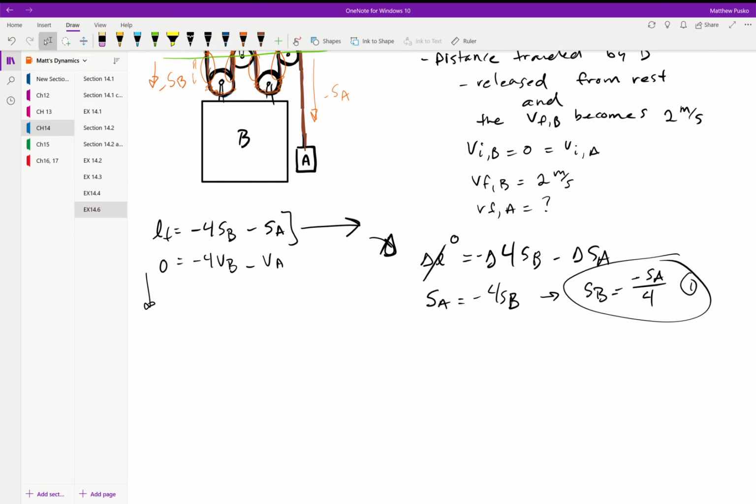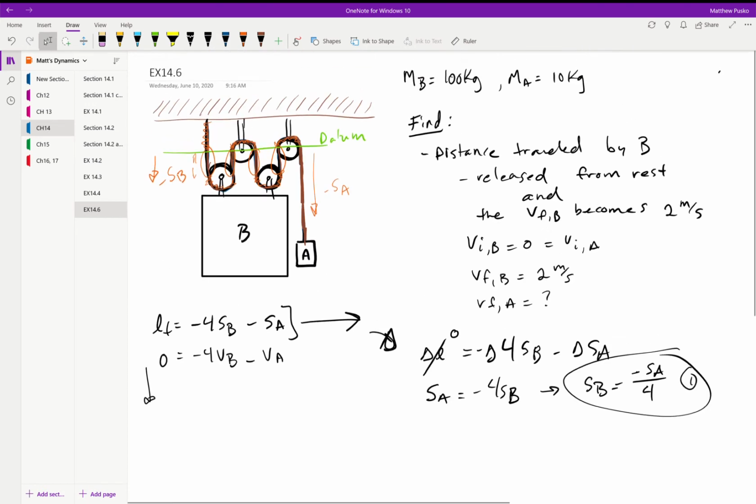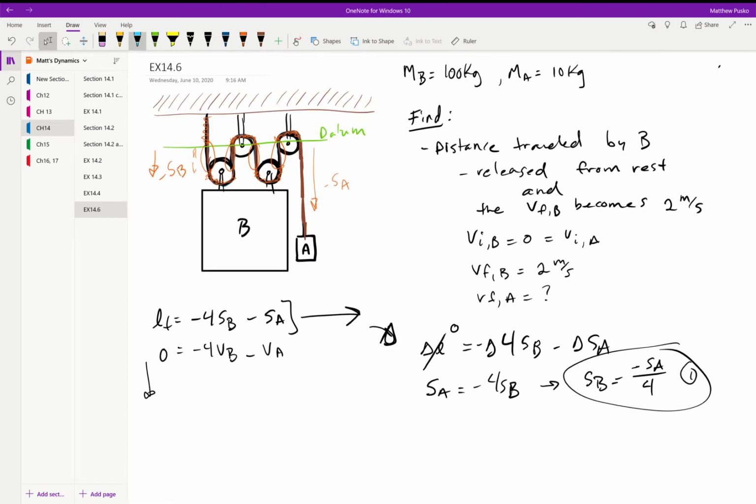Now let's apply principles of work and energy, but we need to look at the forces first. Now, we have a tension going up here. There's also a reaction force going up here, and a reaction force going up here. And I'd like you to read the problem in the text also. It mentions that we can use work and energy on each mass separately, and if we did that, we would have to include the tensions.